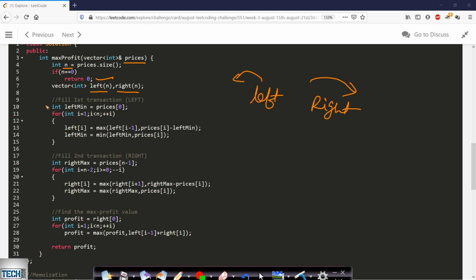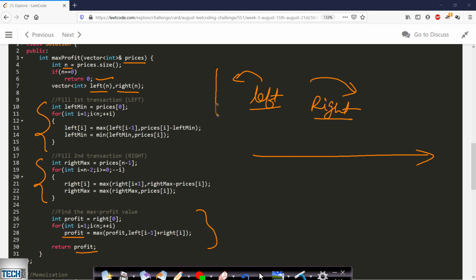Now I will do the pre-processing for the left array as well as for the right array as I have explained. And after doing the pre-processing, I will again flow through the entire array and I will find the maximum profit and return it. So this is also a very simple approach, and this is O(n) time and O(n) space.